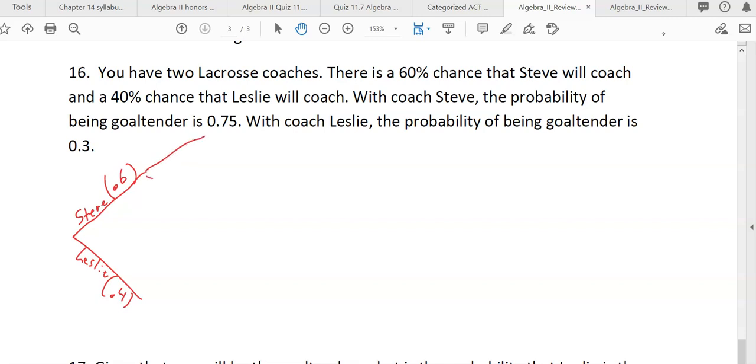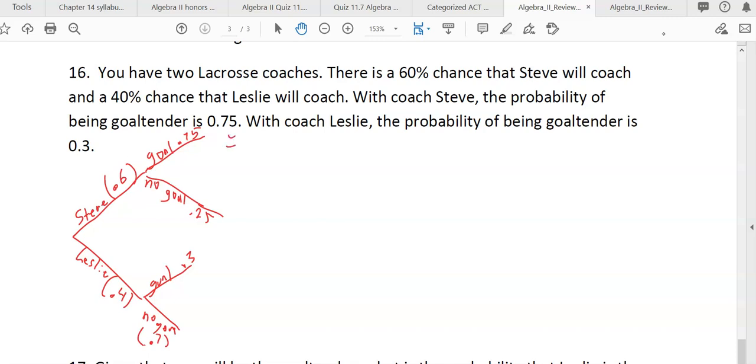So now goaltender, I'll put goal there, or no goaltender, no goal. So goaltender 0.75, so this would be 0.25. If you want to be goaltender with her, that's going to be 0.3, and no goal would be 0.7 because that adds up to 1.